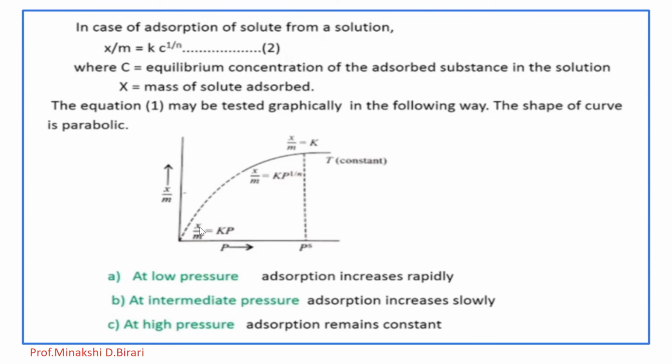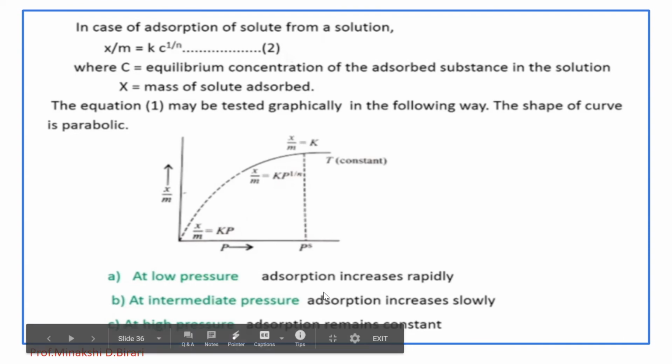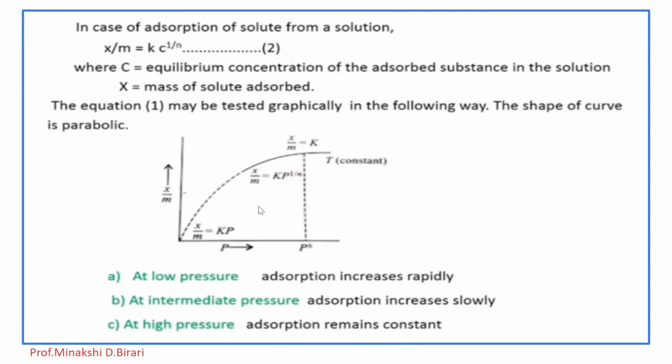Then at intermediate pressure, x/m is proportional to p^(1/n), that means at intermediate pressure adsorption increases slowly, and at higher pressure adsorption remains constant, x/m = k. The amount of gas adsorbed per unit mass of adsorbent remains constant, so the shape of the curve is approximately parabolic.